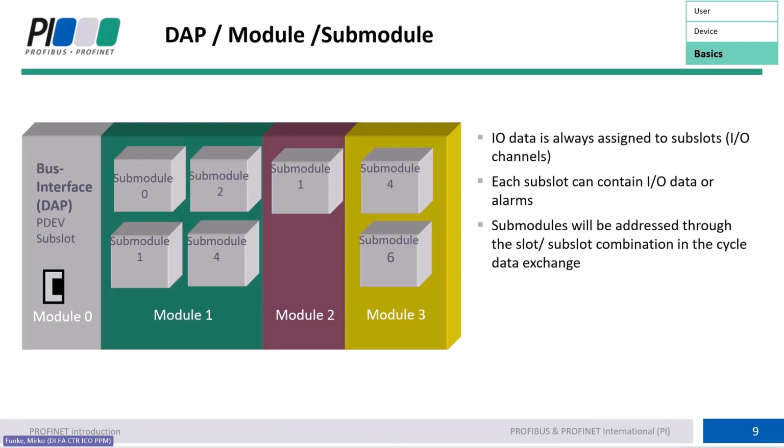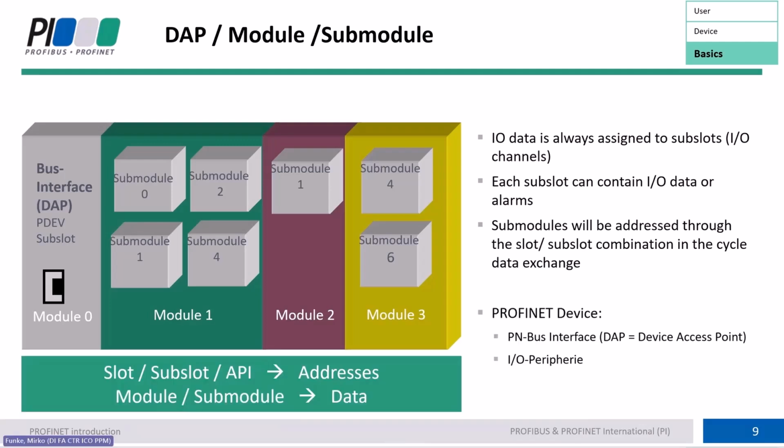That means we need to distinguish here between real-time data, process data, however you will call them, and the alarming, the diagnostic information. And this is now something that we distinguish between, so let's say, an address information and a data information.